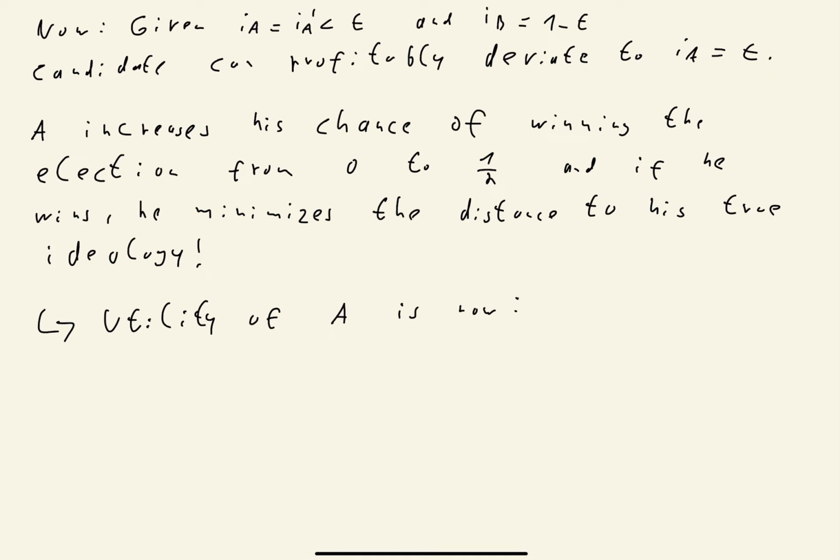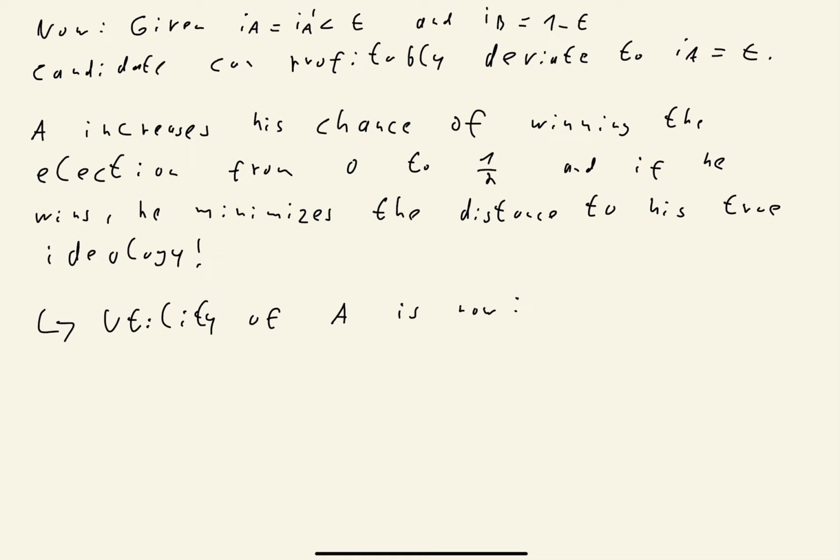So now they have both chosen their ideological points as the chosen ideologies. And the consequence of this is that since the true ideologies are symmetric, the vote shares will be equal to each other.